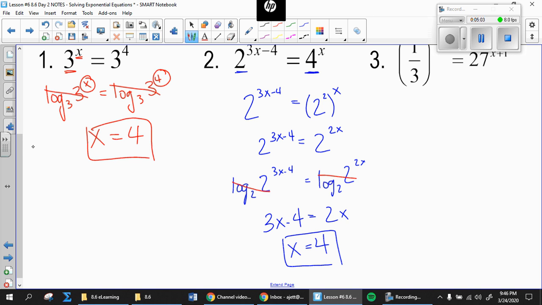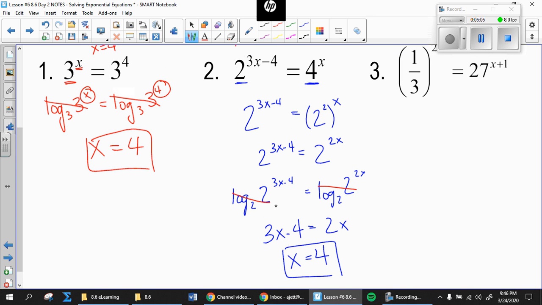Okay. Now, notice here, when I have the same base and I log both sides, all that it's really going to leave me with is our exponents. 3x minus 4 equals 2x. And so what we're doing is we're logging both sides so that we can use our inverse and cancel those out.